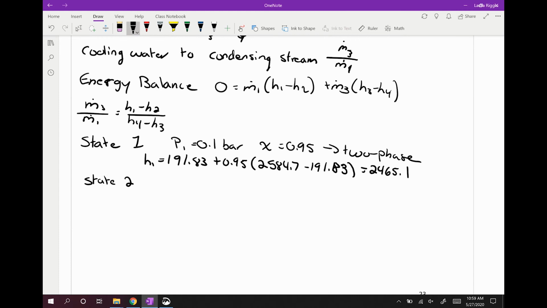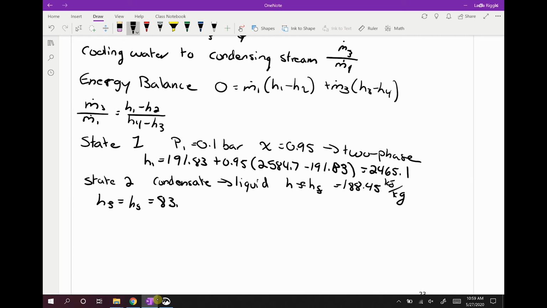And state 2 is condensate, which is a liquid. So we're going to assume H is approximately HF, which is equal to 188.45. The same is true for H3 and H4 since they are liquid.